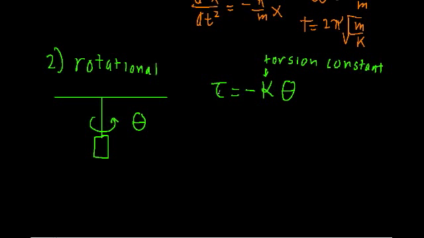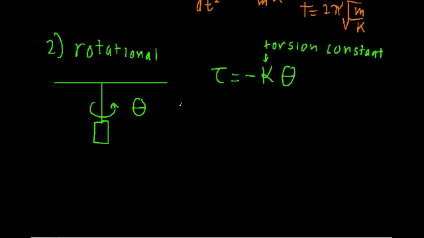So now that we have an expression for the torque in this system, let's apply that to our rotational equation of motion, which is that the net torque has to be equal to, instead of mass, moment of inertia, the rotational form of mass. Instead of acceleration, we're going to be dealing with angular acceleration.